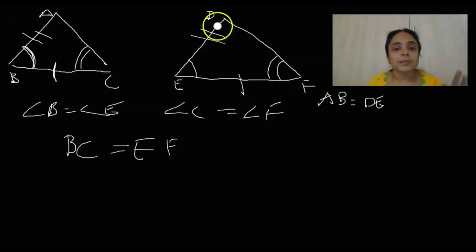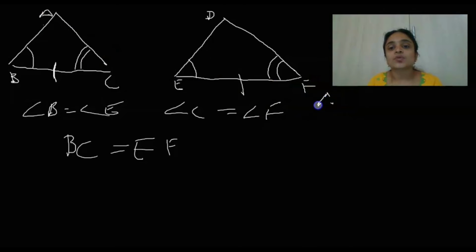So if AB is equal to DE, then the corresponding sides AB and DE are equal, BC and EF are equal, and angle B is equal to angle E, which means the SAS criteria is satisfied, and from that we can say that triangle ABC is congruent to triangle DEF.